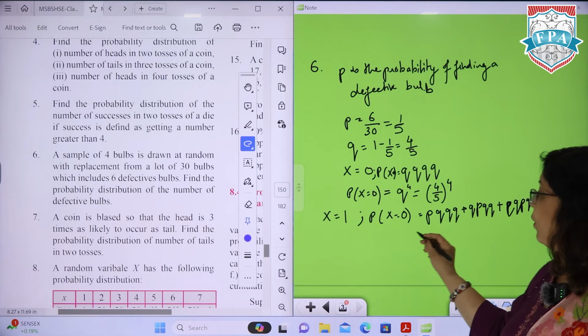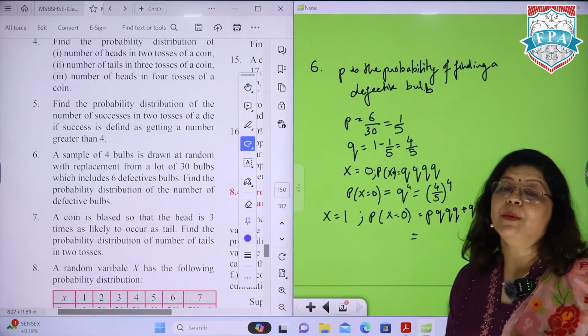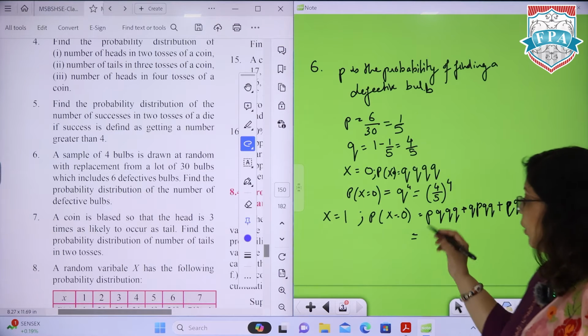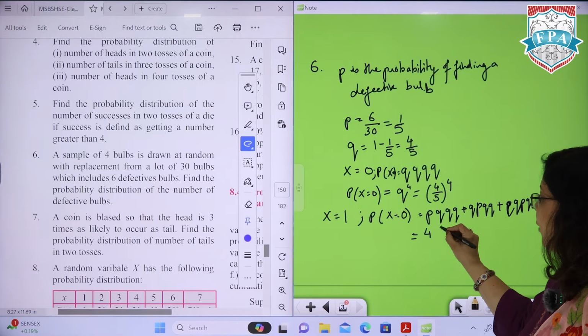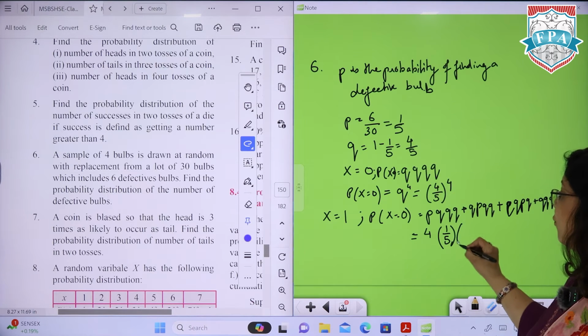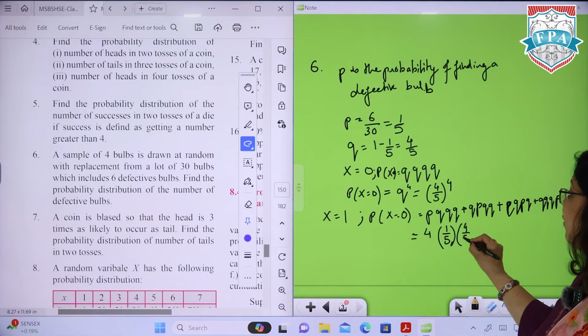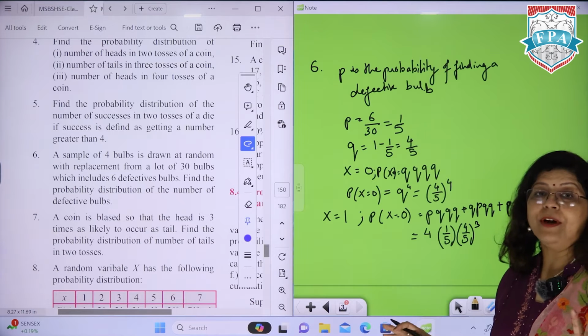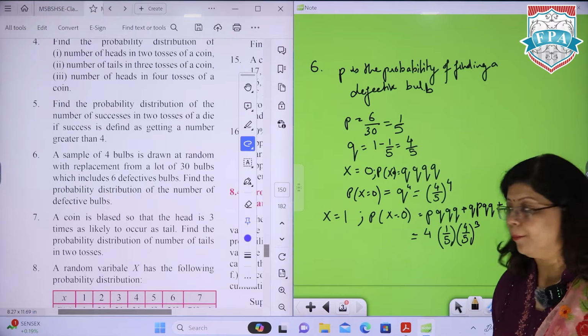So in all the 4 cases, you can see that there will be 1 p and 3 q's, but there will be altogether 4 cases. So it will come as 4 multiplied by the probability of p, which is 1 by 5, and probability of q, which is 4 by 5, whole cube. So this will be your probability of x is equal to 1.